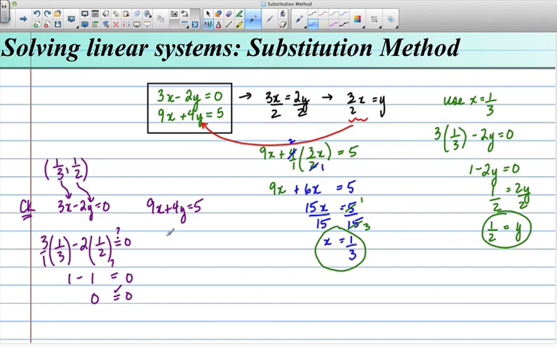Second equation, 9 bracket 1/3 plus 4 bracket 1/2. Does that equal 5? Well, we have common factor of 3, so 3 plus common factor of 2. Does that equal 5? And 5 does equal 5.